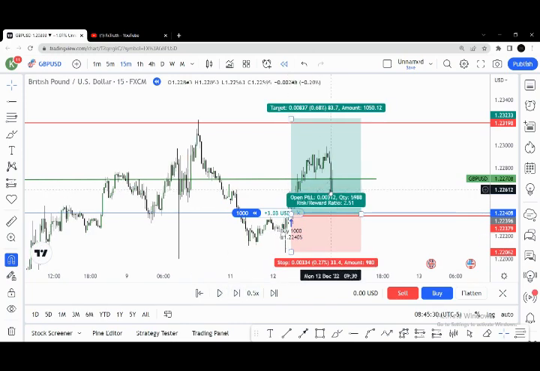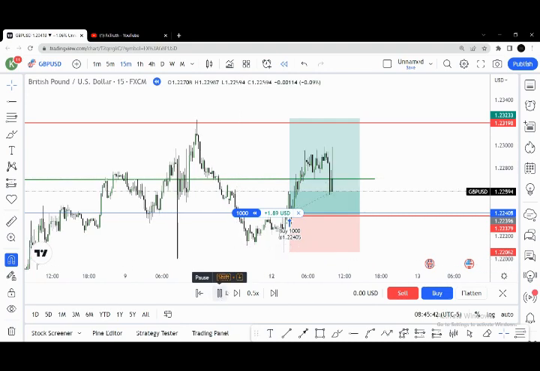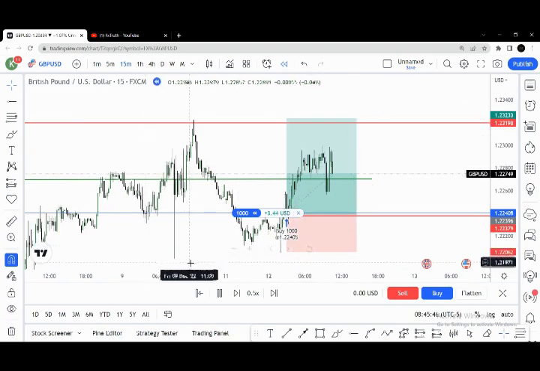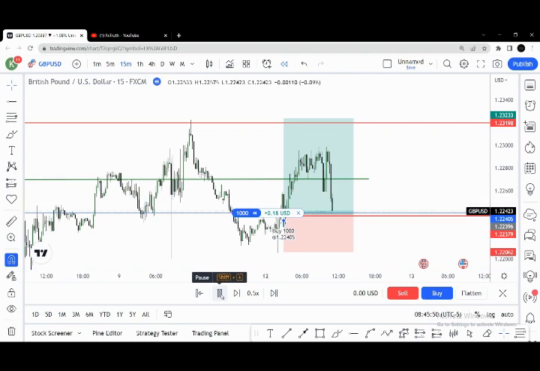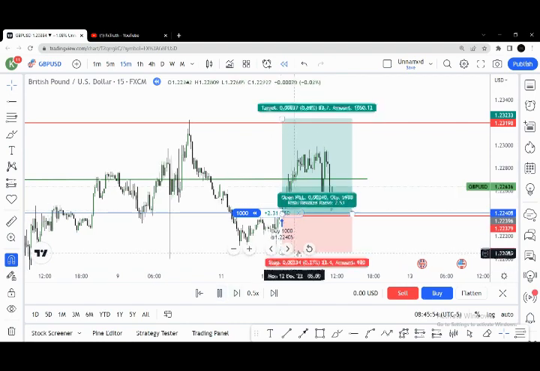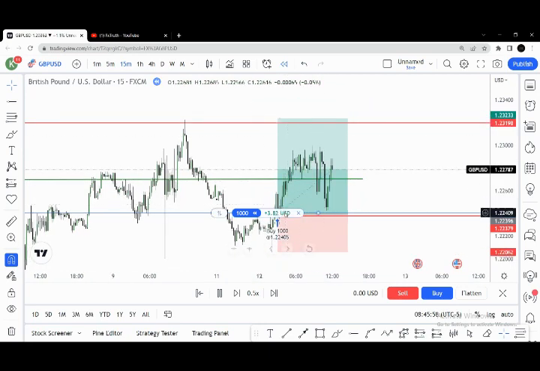Well, you can see how it came down. If you were taking partials around here, that would have been a very favorable risk management strategy. But let's continue. Let's see if it's going to come and clear us out or actually go to the buy side. Wow, it's dropping aggressively. Let's see. Our stops are below this low. Don't forget, this is what we're looking to as our area of target.